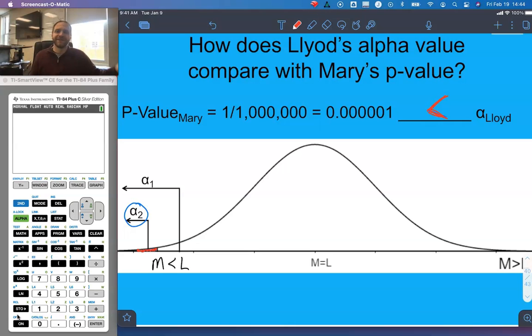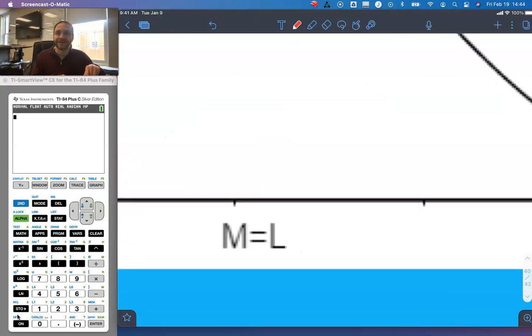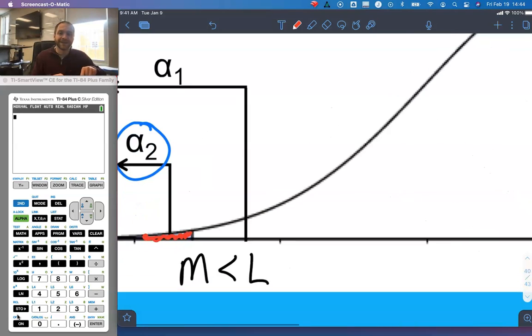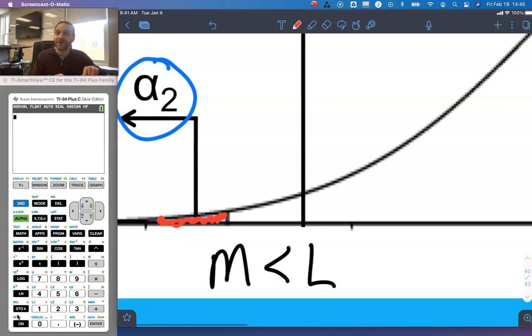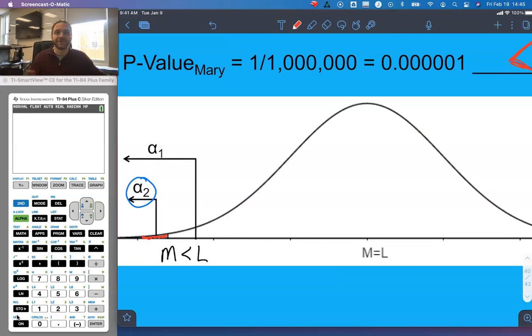So it's just meant to be fun with this idea of the alpha level, the significance level, reject, fail to reject. But it's really meant to also help you understand that the further you are out in the tails, the more of a chance that Lloyd is going to be rejected. Lloyd wants Mary to like him as much as he likes her, so he wants to be in the middle. So it's a way to make it easy to understand rejecting versus failing to reject.